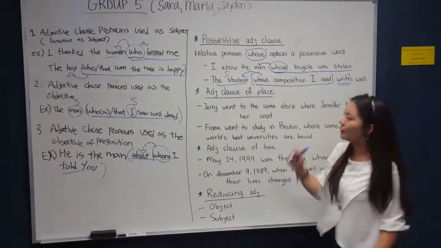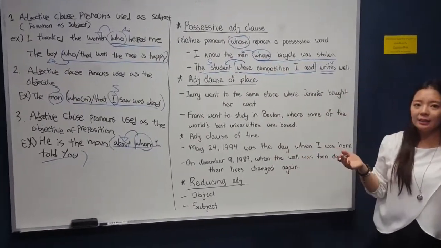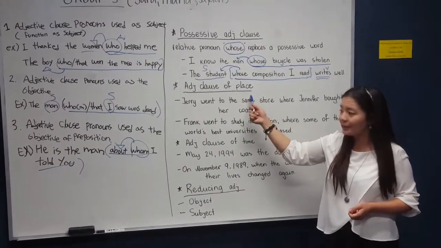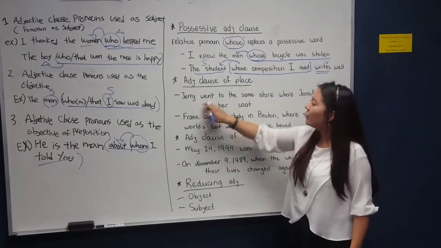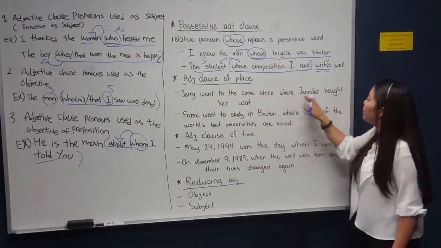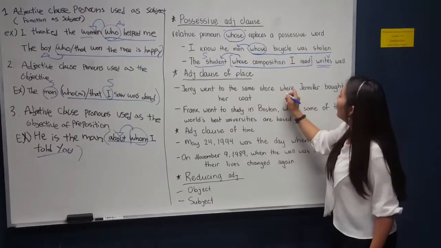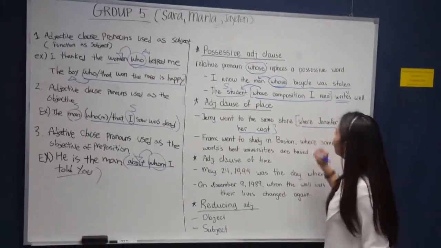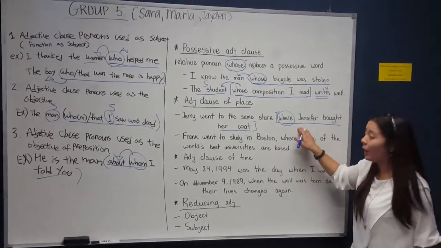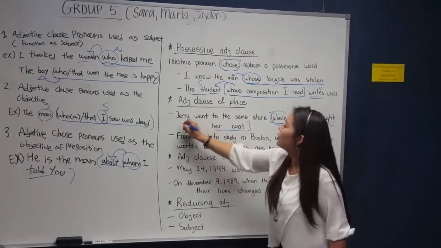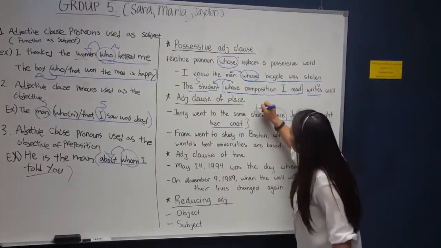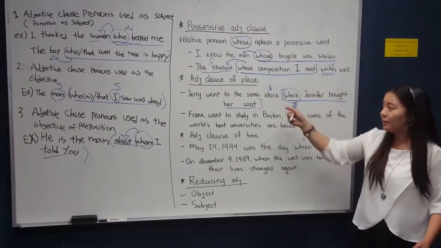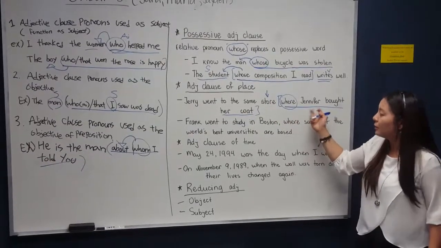The other case of using an adjective clause in a sentence is the adjective clause of place. The first example: "Jerry went to the same store where Jennifer bought her coat." "Where Jennifer bought her coat" is a dependent clause starting with the relative adverb where, and "store" is the antecedent of the dependent clause.